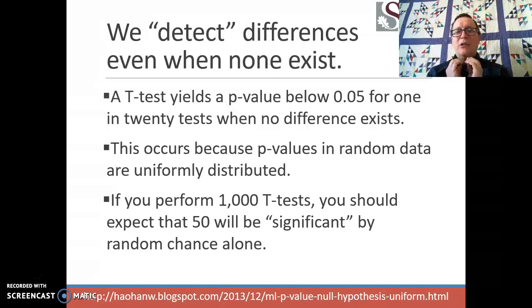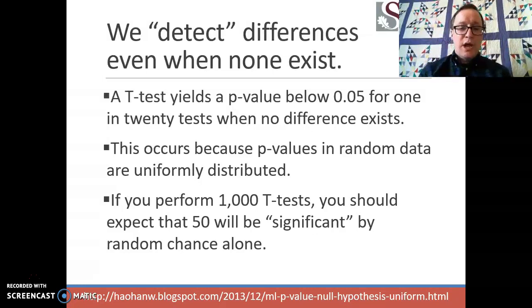Instead, it is saying how likely it is that if there were no difference, a t-statistic that extreme would come about. So that's already a bit of a shock for some folks. So if you do 20 t-tests on data that are no different whatsoever, you should get one p-value that's below 0.05 just by random chance alone.